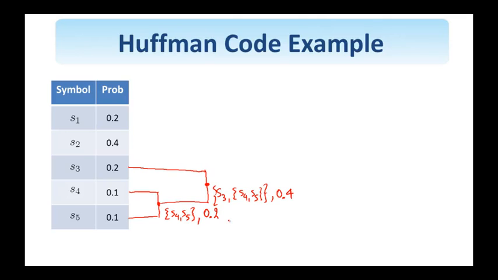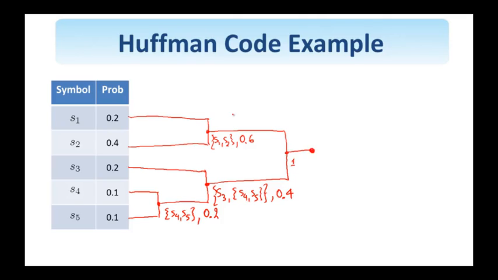The two with the smallest probabilities are clearly the one with probability 0.2 and one of the two that has probability 0.4. Let's assume I combine these two. So a new symbol here, S1, S2, is formed, and the probability of the new symbol is 0.6. So I'm just left with two symbols. I combine them, and the overall composite symbol has probability 1.